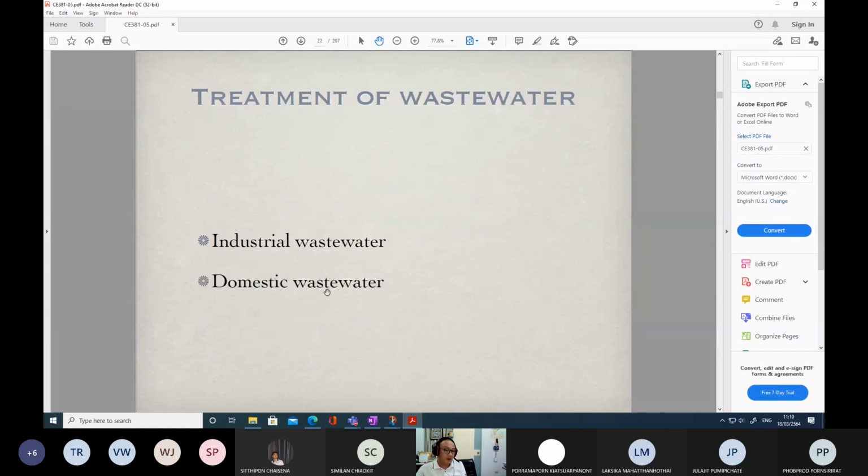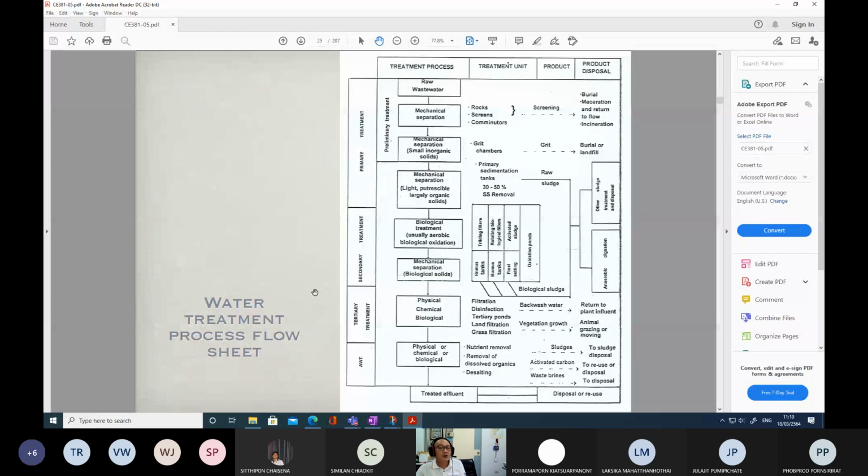In the preliminary treatment process, the objective is to remove the big objects solely based on the physical process, or based on the physical characteristic of the contaminants.